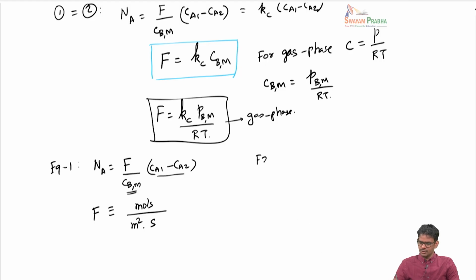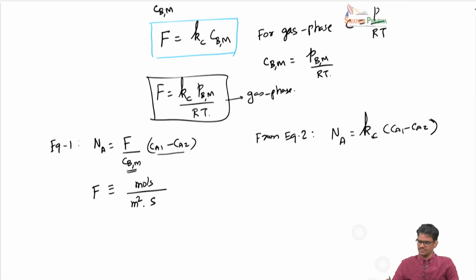Whereas from equation 2, where we have written Na using this phenomenological approach, if you substitute the units, you will see for Na this is moles per meter square per second, Kc we will keep like this, and concentrations are given in, let's say, moles per meter cube. Then this makes the units of Kc meter per second.